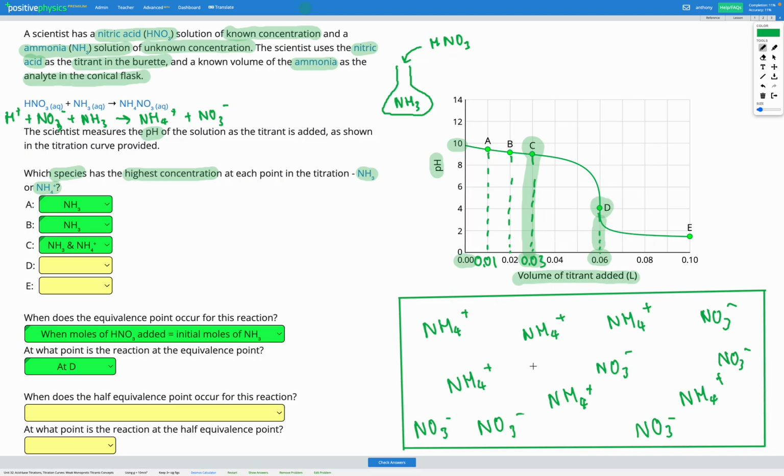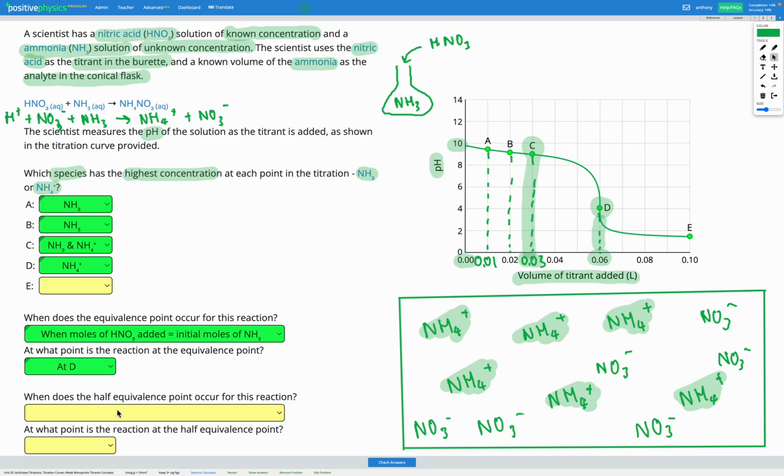So at point D, all my NH3 has reacted to form NH4 plus. So you can see in our diagram here, we're showing 1, 2, 3, 4, 5, 6 NH4 plus, and we don't have any NH3 shown here because it's all been reacted. So that is our equivalence point. That's our point where we have more NH4 plus because all the NH3 has reacted.